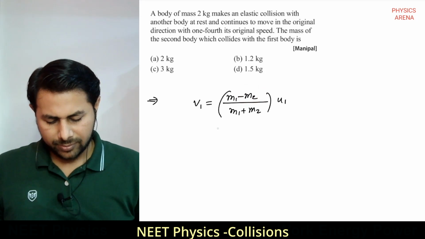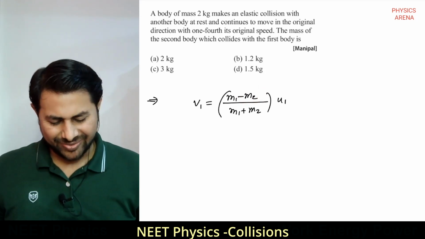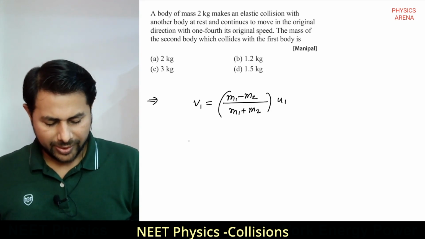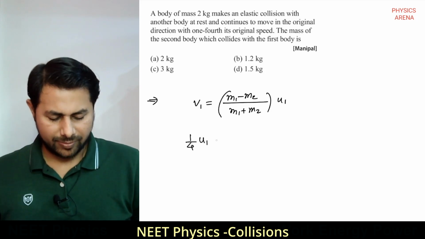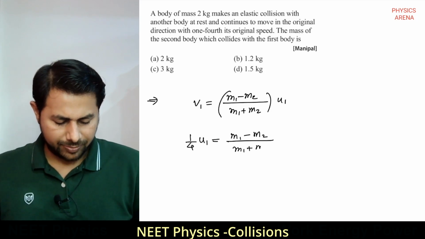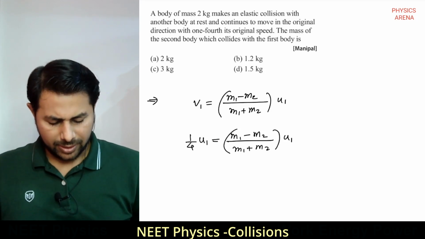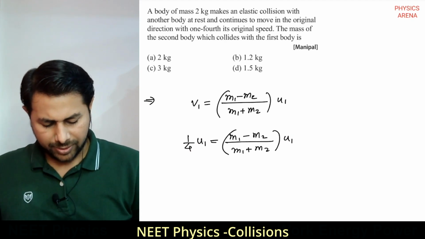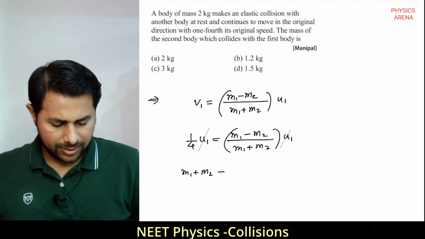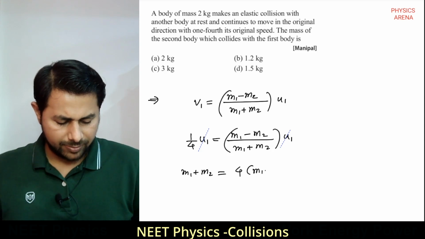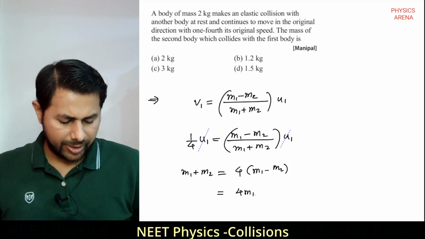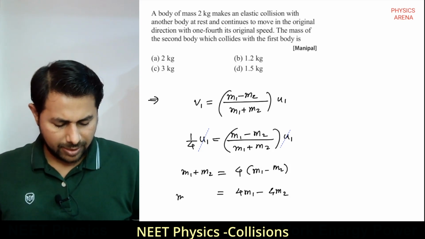What is v1? v1 is 1/4 of u1. Okay, 1/4 of u1 is equal to m1 minus m2 upon m1 plus m2 times u1. Then u1 and u1 will get cancelled out, and then you have m1 plus m2 is equal to 4 times of m1 minus m2. Okay, so let's just simplify that. This is 4m1 minus 4m2 is m1 plus m2.